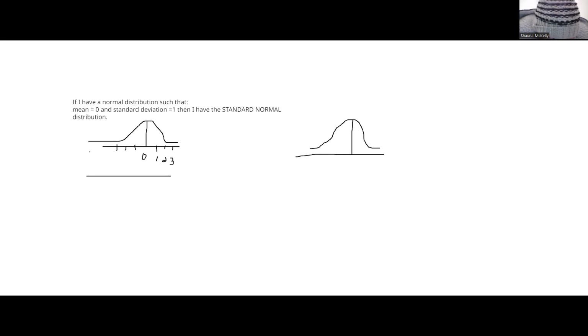Let's say that the mean here is 100. Okay, so this is 100 now. And let's say that the standard deviation is, let me put some tick marks on this thing.